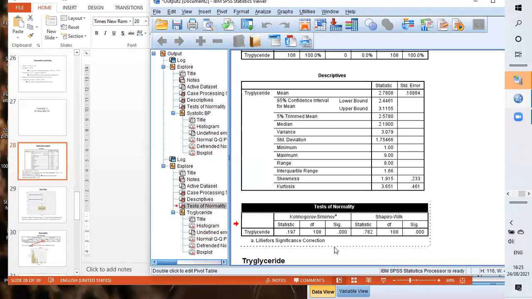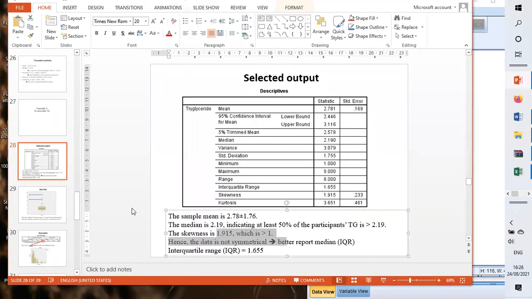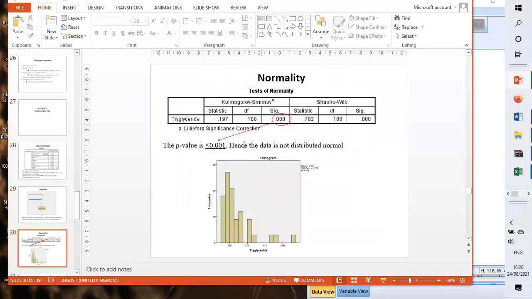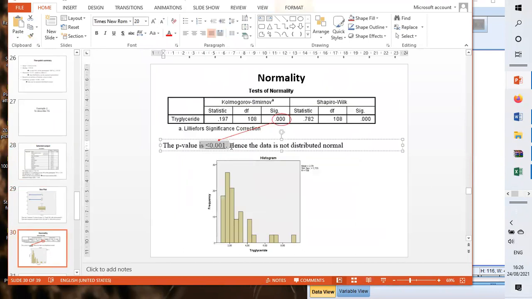Now look at the test of normality. Kolmogorov-Smirnov or Shapiro-Wilk? Number 1, because 108 is more than 50. Now, when SPSS reports 0.000 like this, you don't say 0. You say less than 0.001. When SPSS reports 0.000, it's truncated.